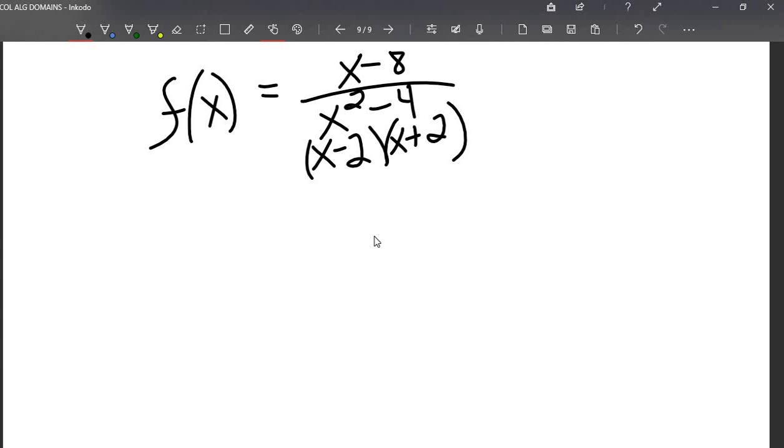All right, now we're going to figure out the domain based on what the x cannot be. According to this one, x cannot be positive 2. According to this one, x cannot be negative 2.